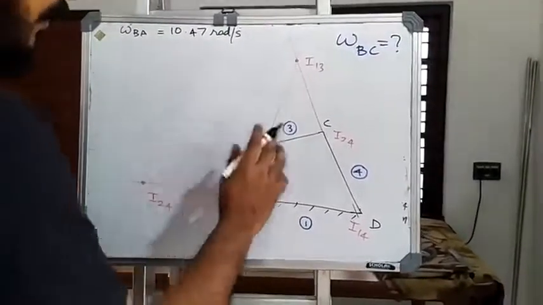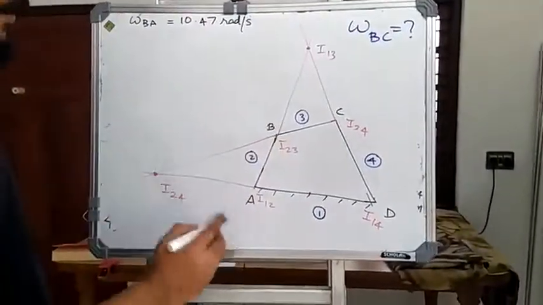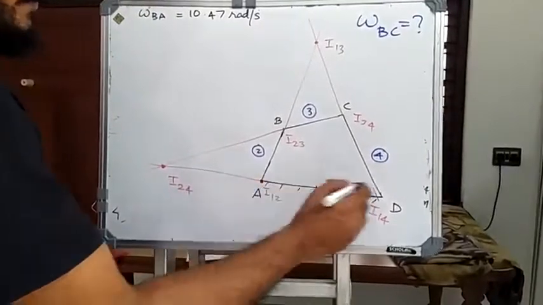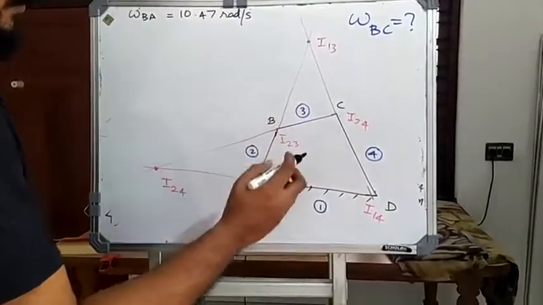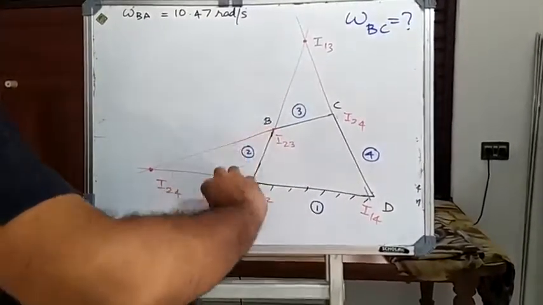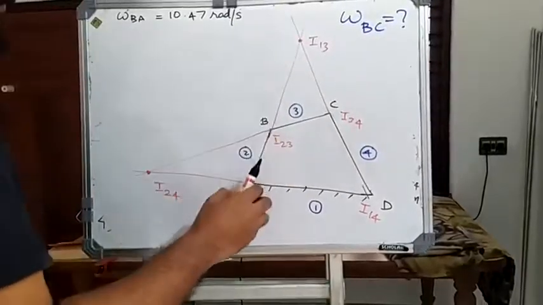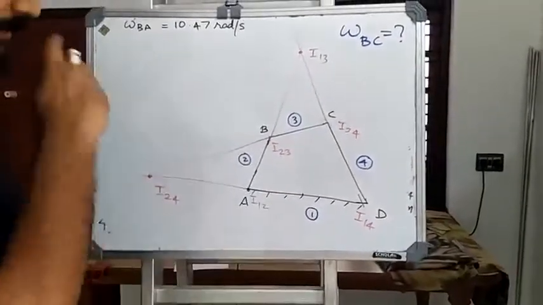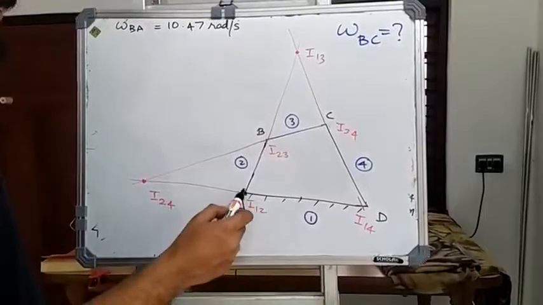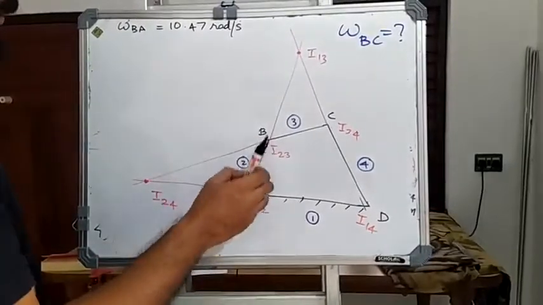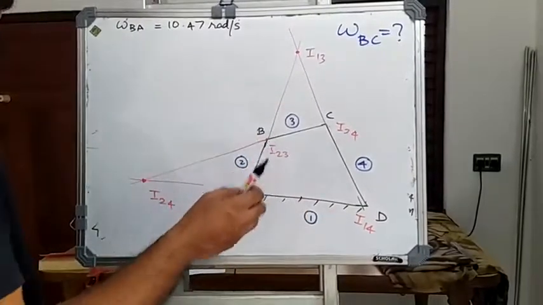Now we have obtained omega BA as 10.47 radians per second. Now when you look at the link BA or AB, as A is one of the fixed points of the link, B will be rotating about A. That means for the link AB, A itself is the I center, or I12 is the instantaneous center related to links 1 and 2.